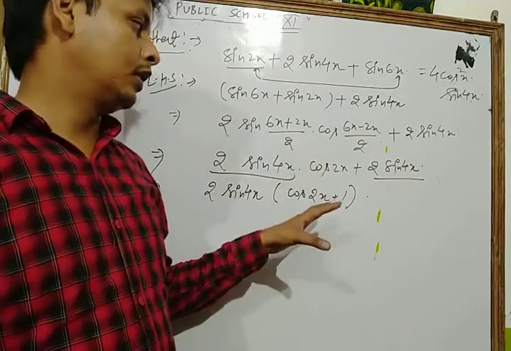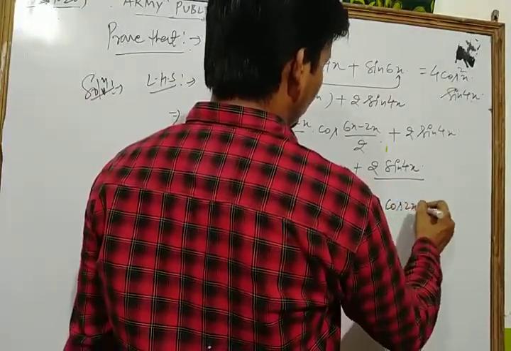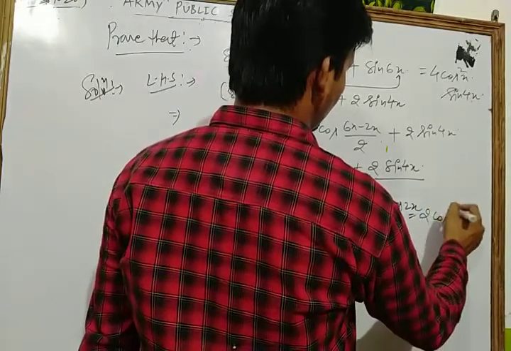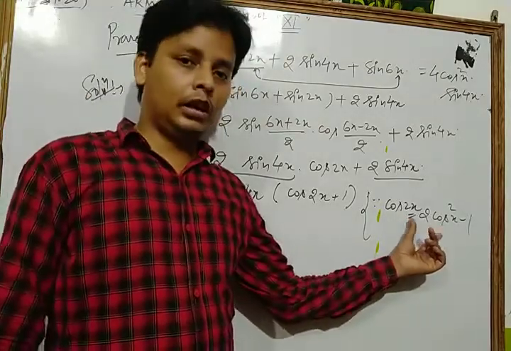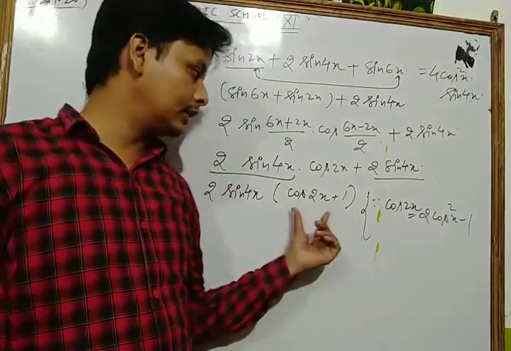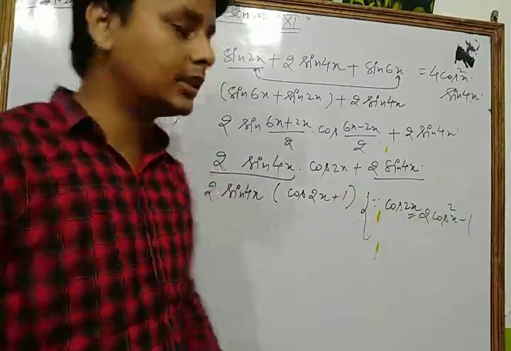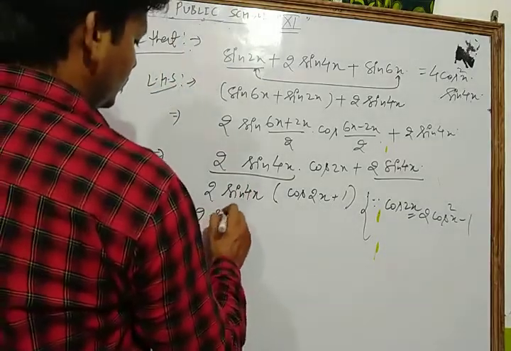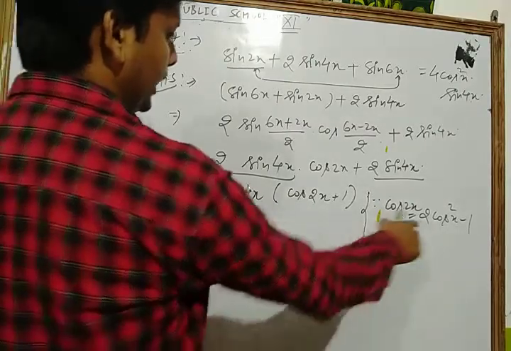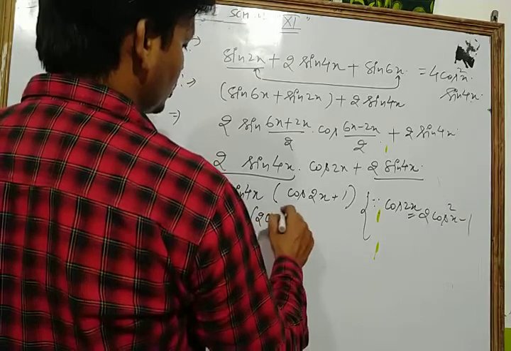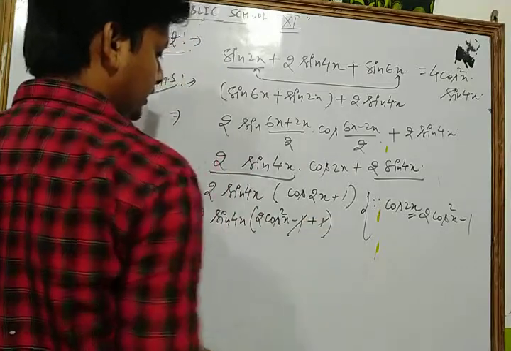Since we know that the formula for cos 2x is 2 cos square x minus 1, we put here cos 2x as 2 cos square x minus 1. Then plus 1 and minus 1 cancel each other.